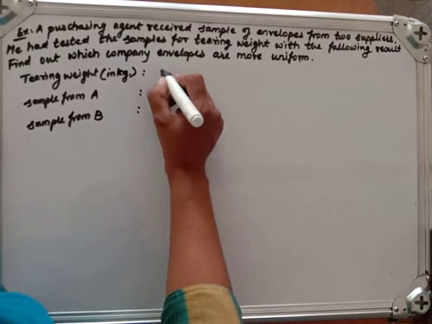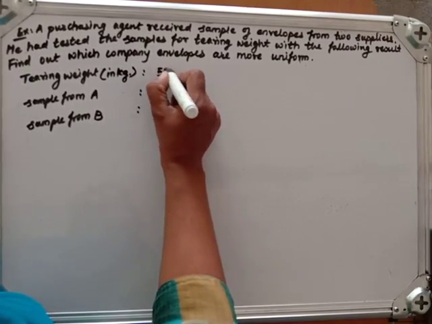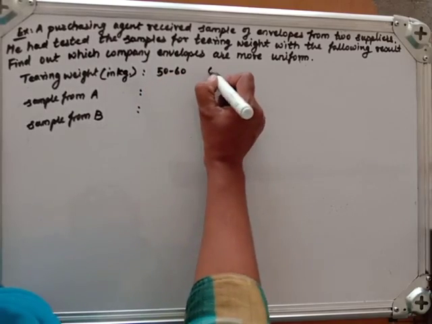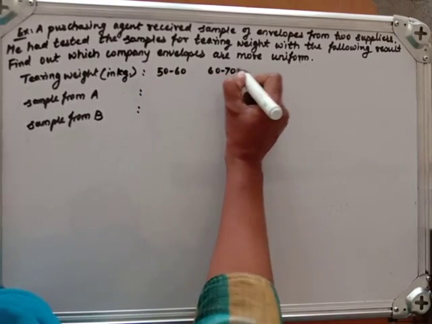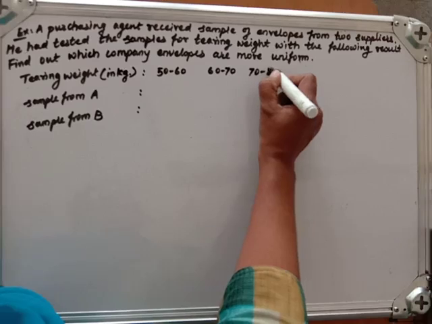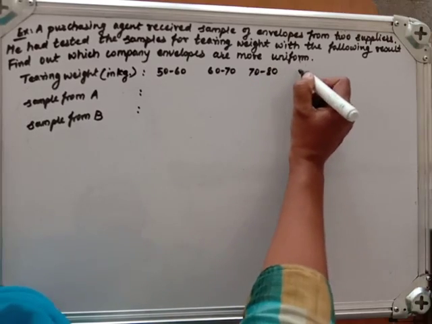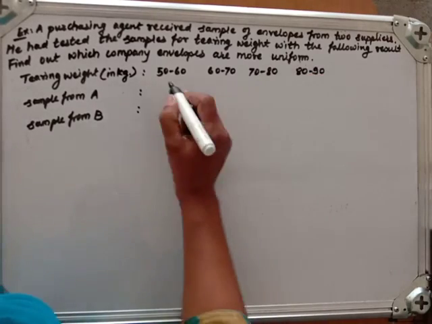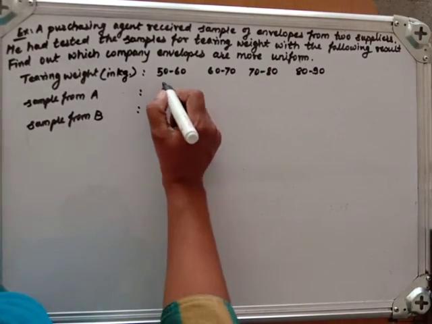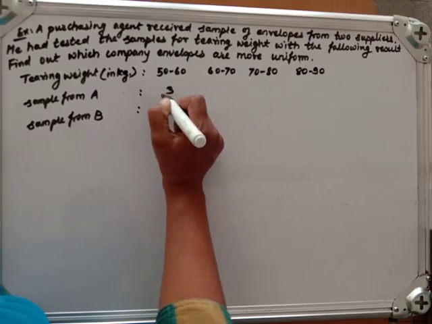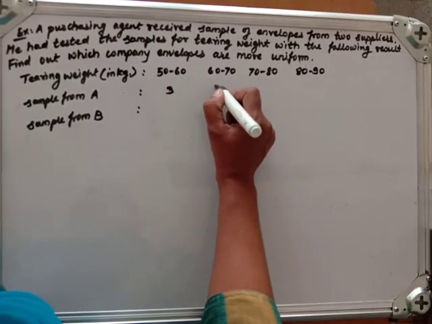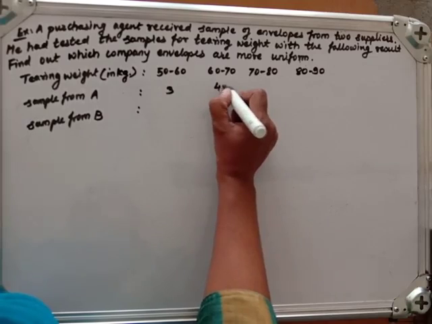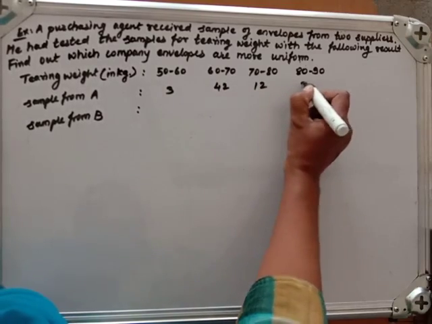This is 50 to 60, 60 to 70, 70 to 80, 80 to 90. These many kgs we will put in there. For supplier A the frequencies are 3, 42, 12 and 3.